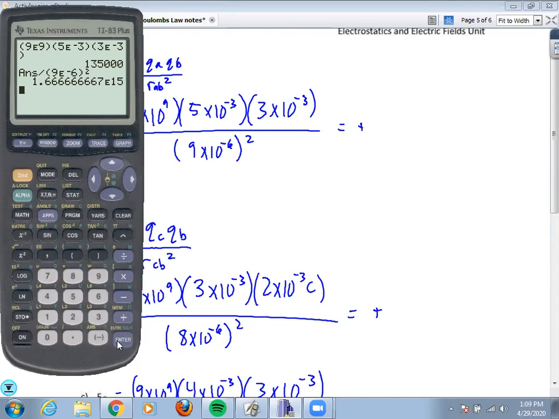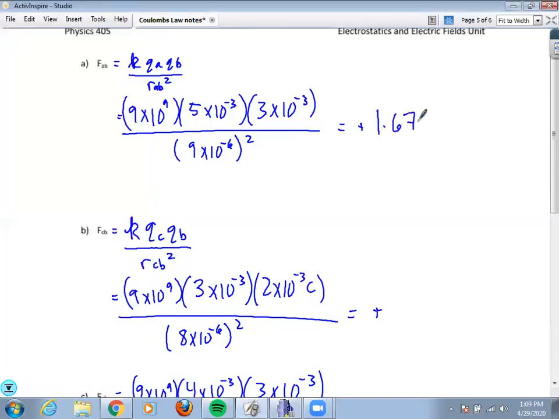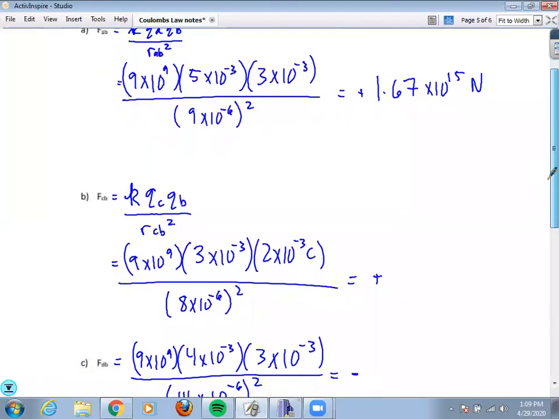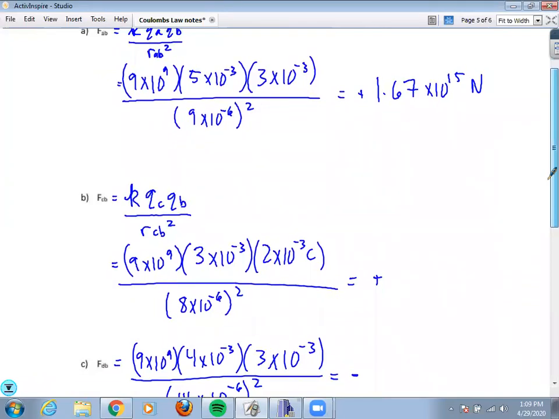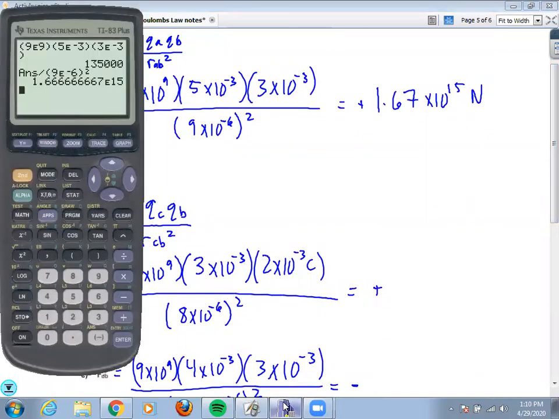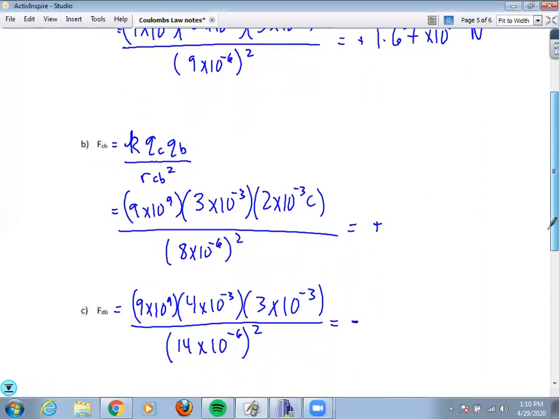And you get 1.666 repeating, so 1.67 times 10 to the power of 15 newtons. Okay. Second force.